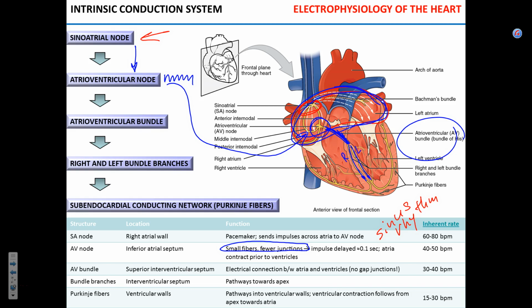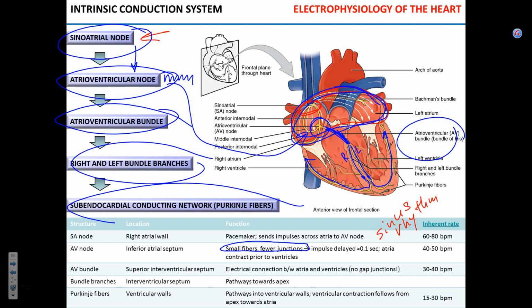And from the bundle branches, the electrical signal goes into the ventricular walls via the Purkinje fibers. The pathway, is that clear? So SA node, AV node, bundle, branches, Purkinje fibers.